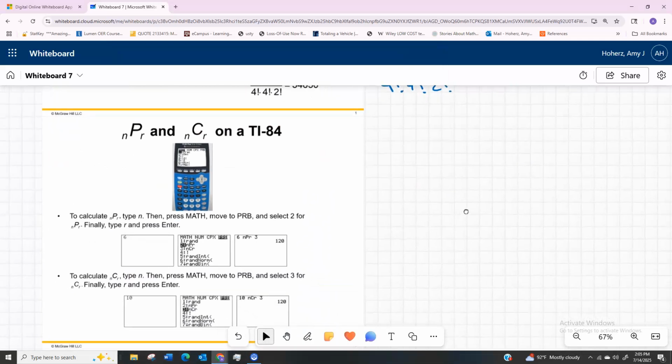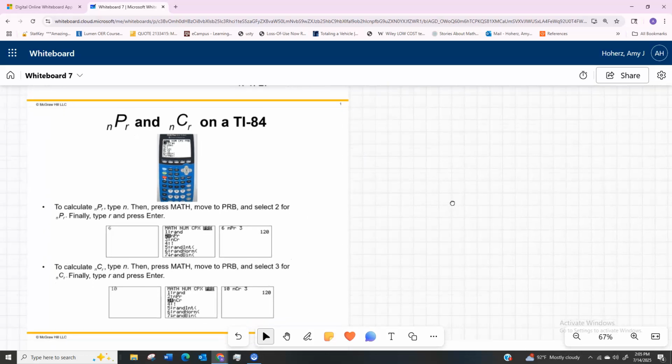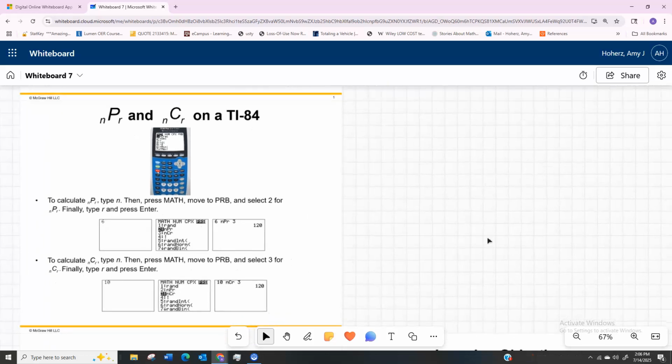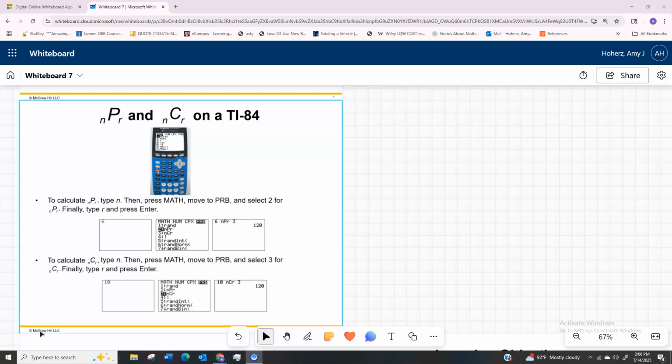All right, and then the last thing, I left this slide on. I don't usually leave up the TI-84 stuff, but because I have specifically said it's okay to do these permutations and combinations on your calculator, I just wanted to show really quick where you could find those if you have a TI-84 calculator. The button that you find your factorial and your nCr and your nPr under, you have to push the math button first.